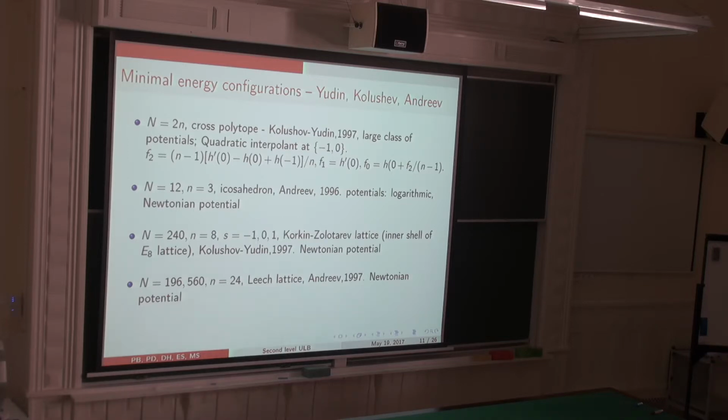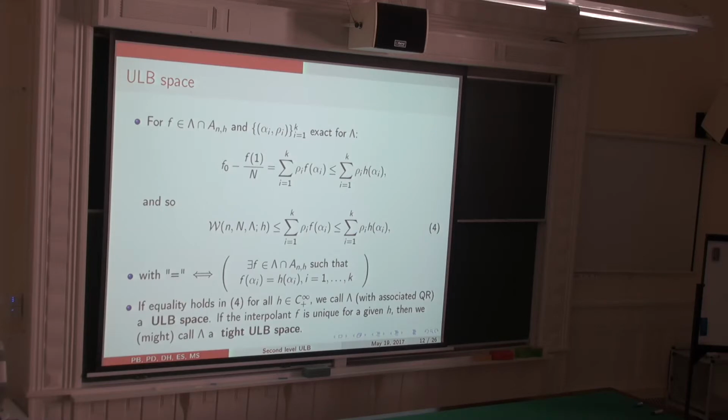These are the Gegenbauer coefficients, and whenever we consider potentials where all of the derivatives are non-negative, then indeed we can verify that this is a good potential and it will minimize. In the same manner, the icosahedron was shown for various potentials. The Coxeter-Todd lattice, the Leech lattice, etc., have been shown to be optimal.